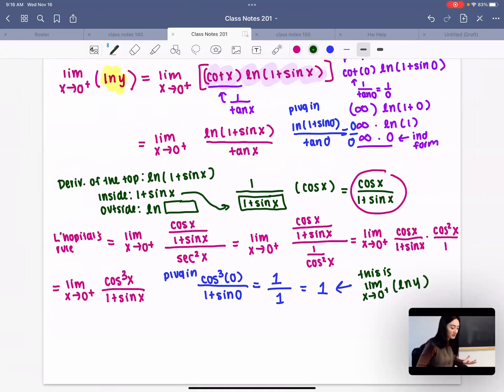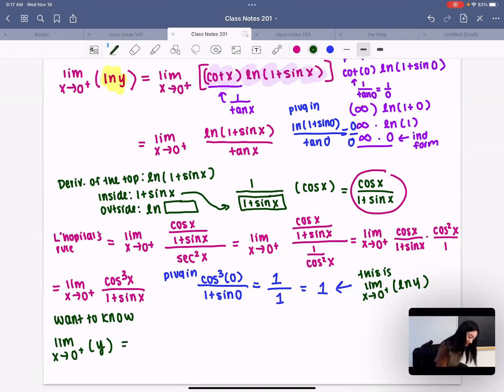No, we want to find the limit of y, right? I want to know. So the question is asking me what the limit as x goes to 0 plus of just y, right? Y is equal to the thing I want to find the limit of. I found the limit of the natural log of y. I want to know the limit of y. Any ideas on how to do that?